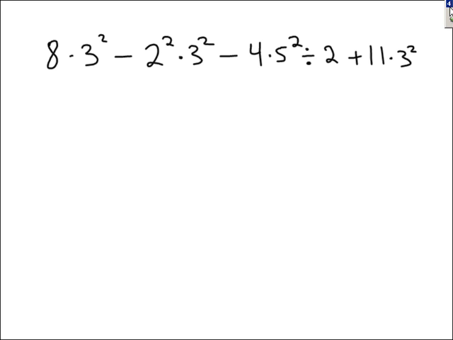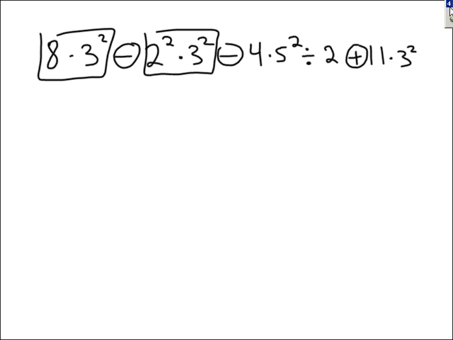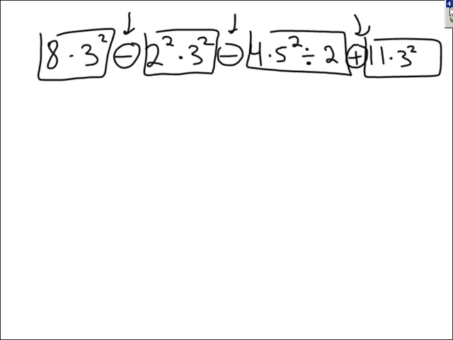You need to identify the terms. The terms are separated by addition and subtraction symbols. Now you put the boxes around everything else. It's this minus this minus this plus that. The only things I didn't put in boxes were the subtraction and addition symbols.